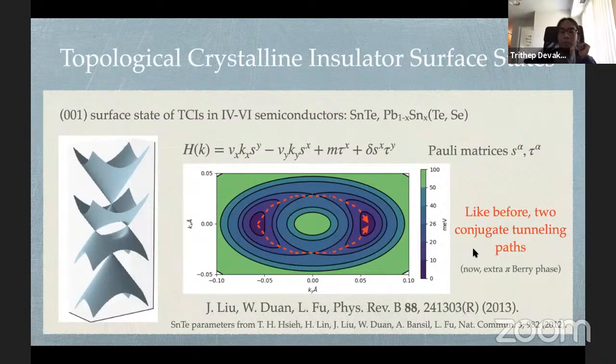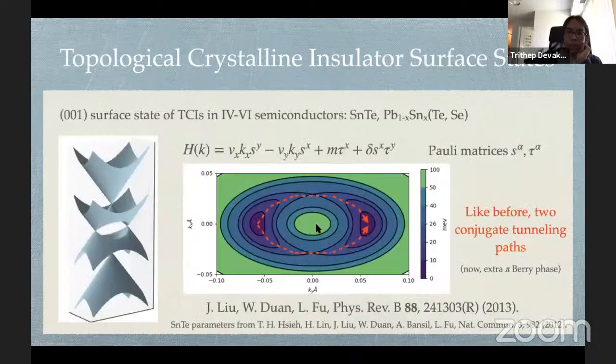So like before, we now have two conjugate tunneling paths. There's a little bit of extra stuff going on, which is that there's a Dirac cone here at non-zero energy. And so the Berry phase you get from these two paths, you get an extra pi Berry phase, but that just means that your oscillations are going to be shifted slightly. Right, and these are plotted using tin telluride parameters from this paper in 2012.